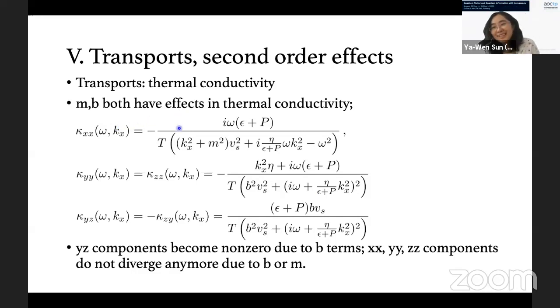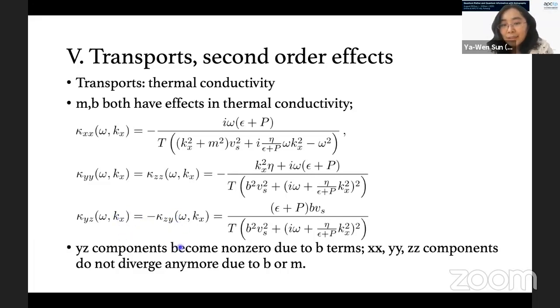This I didn't really introduce in my talk. For this system, we only calculated the thermal conductivity, and it has several components. For the original standard hydrodynamics, only κxx, κyy, κzz are non-zero, and κyz, κzy are zero because of the time reversal symmetry.